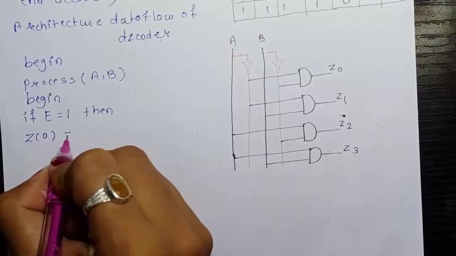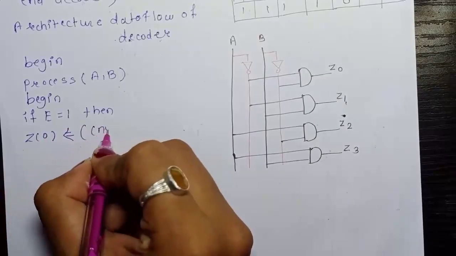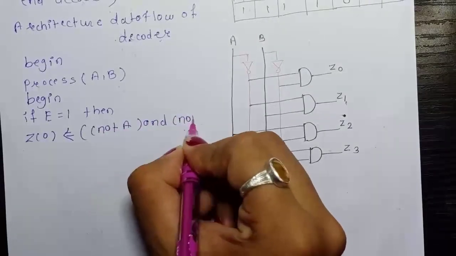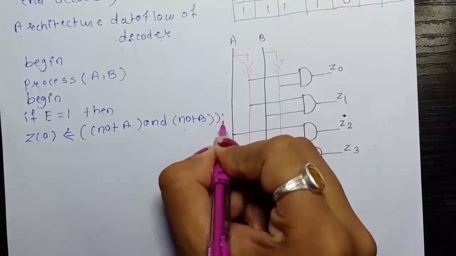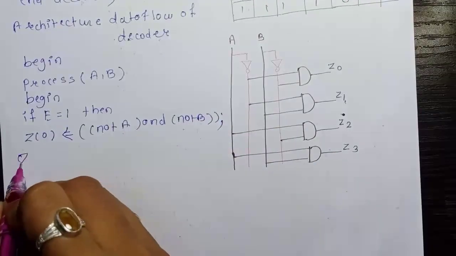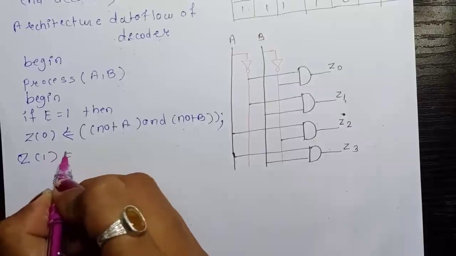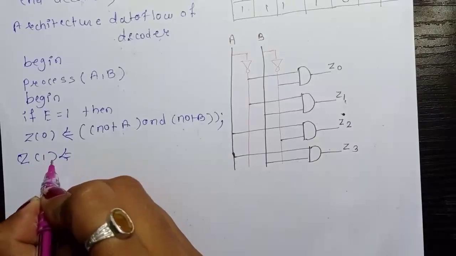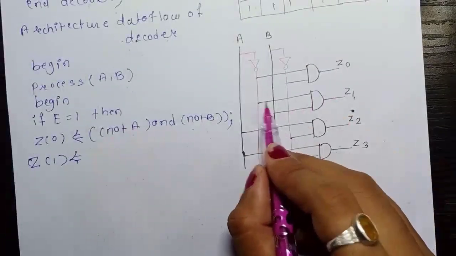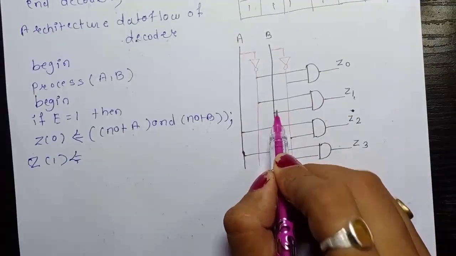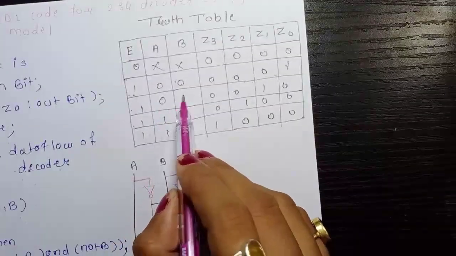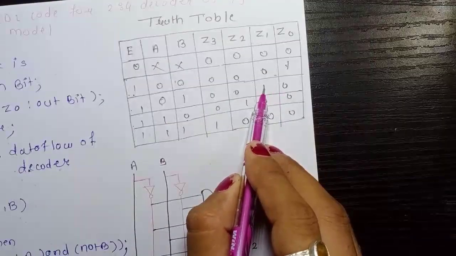Output Z0 is assigned to not A and not B. Okay, that means A bar and B bar. Now next is Z1. When will I get Z1 as 1? Not A and B operation. Okay, that means when A is 0 and B is 1, I will get output Z1.